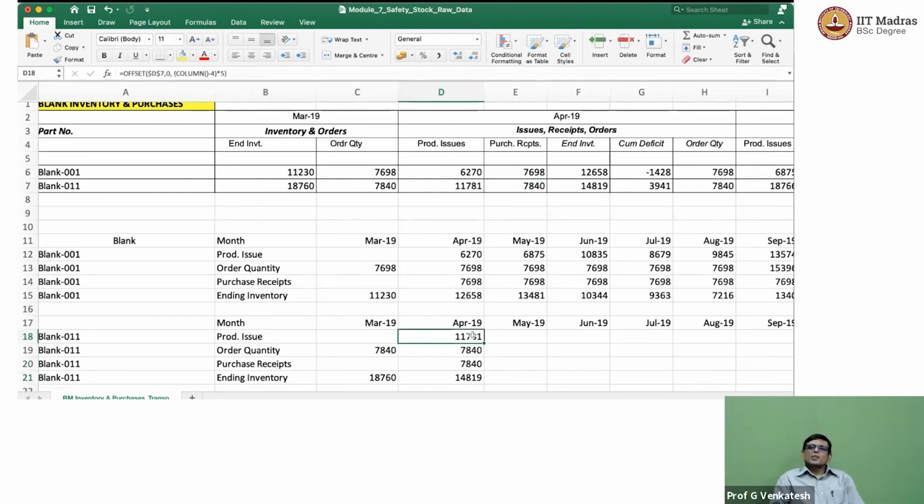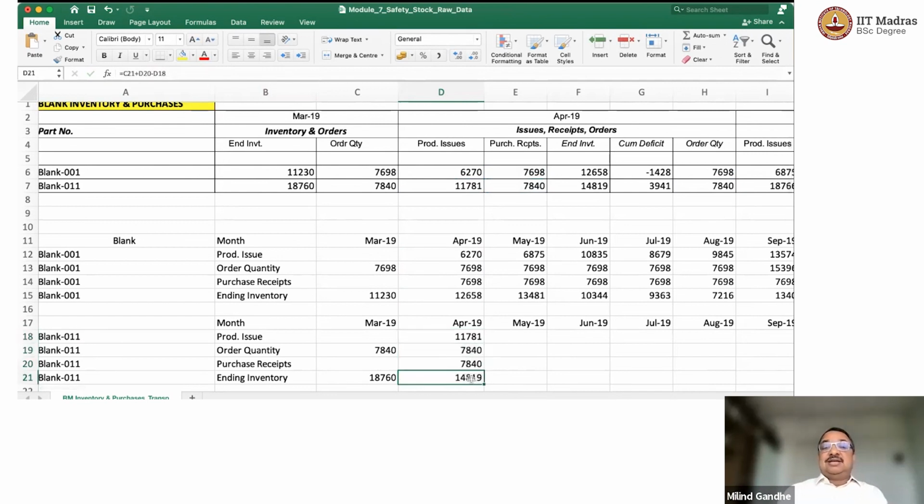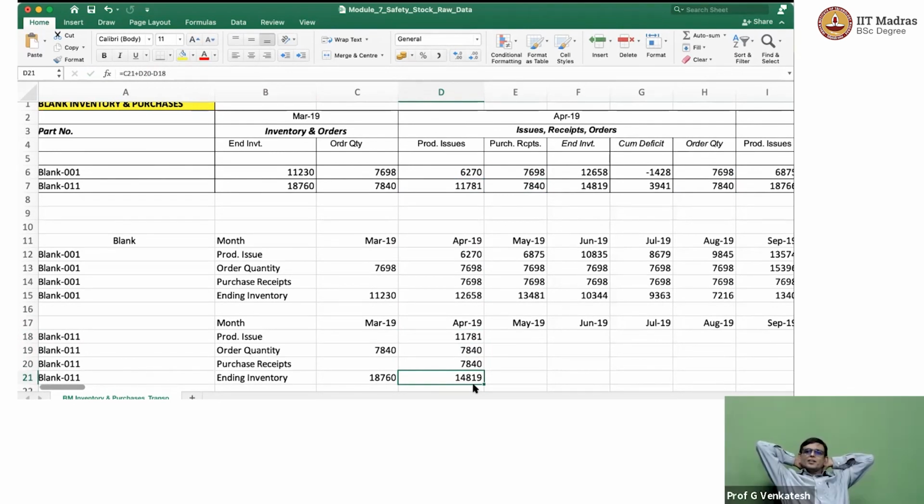Maybe not, because you're not going by one. Now you can see ending inventory is correctly calculated: 14,819. Now you can drag the whole thing.